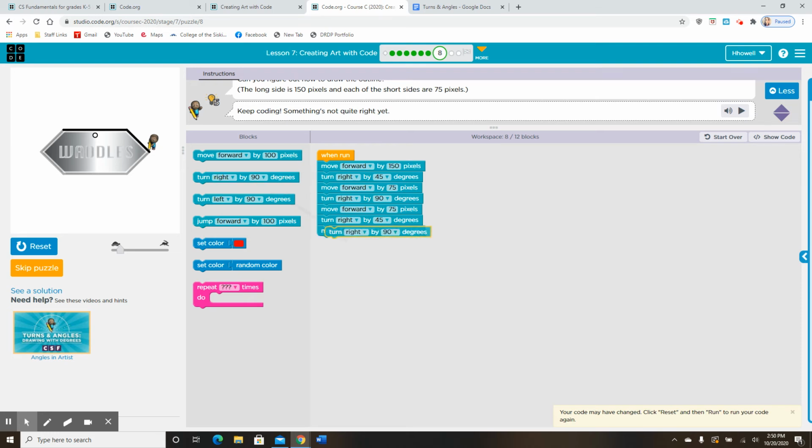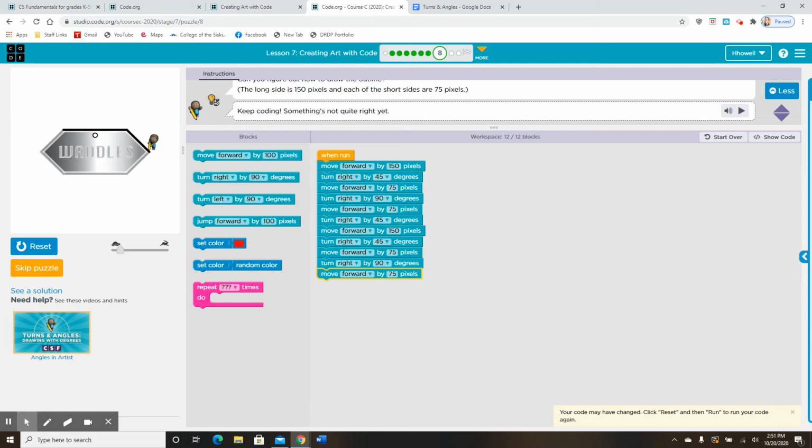So we need to turn right by what? Yep, 45 degrees. And we need to move forward, but how much is the short side? Right, 75. And then we are going to turn again for a 90-degree angle and move forward by 75.